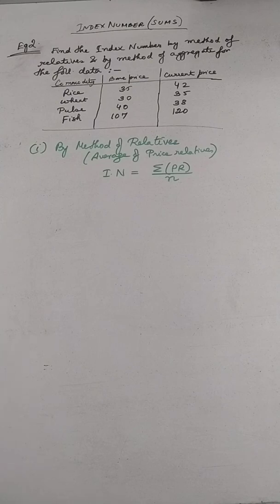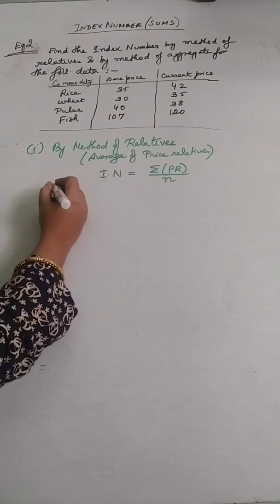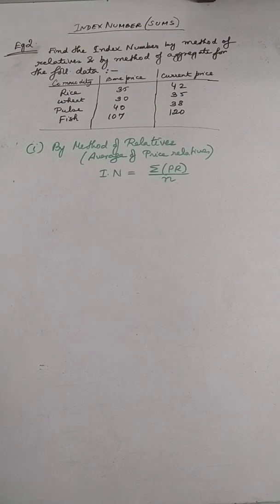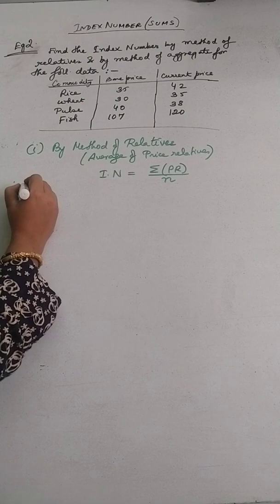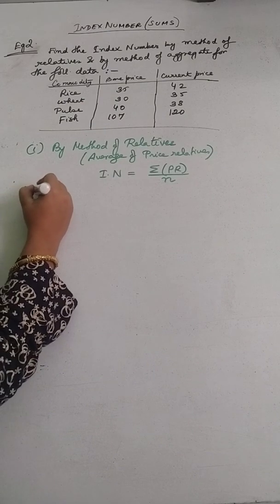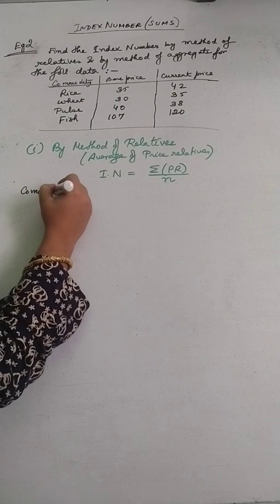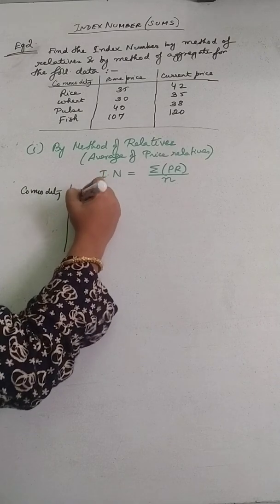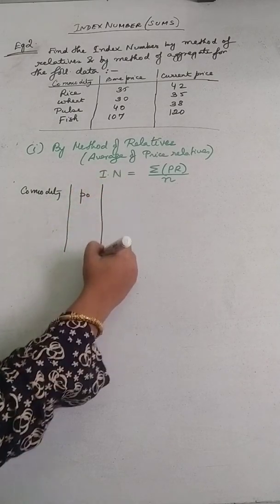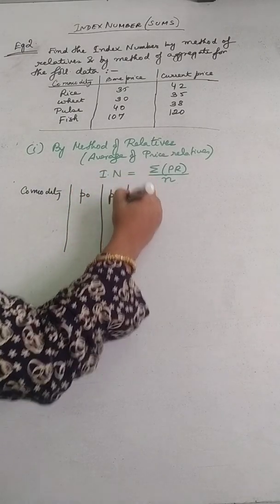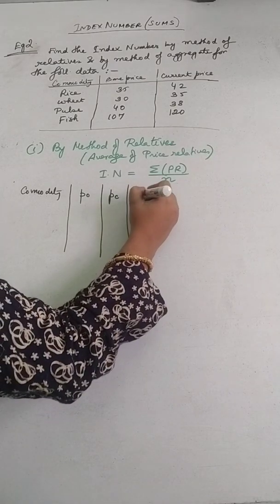So what will be the table? We need to calculate the price relatives therefore. So the table will be commodity. First column as it is. Just we'll write PC and P0 instead of writing it in words. Commodity, base price means P0, current price means PC, and we will calculate PR.